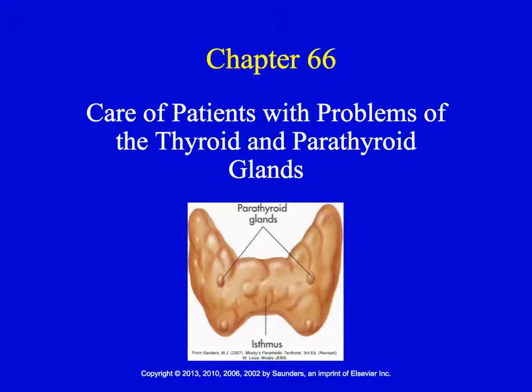So it could be that someone's thyroid is functioning properly, but if the pituitary is not releasing the thyroid stimulating hormone, then that could be a problem as well. So the problem could originate elsewhere besides the thyroid gland, because it is stimulated by hormones that are secreted in another gland.